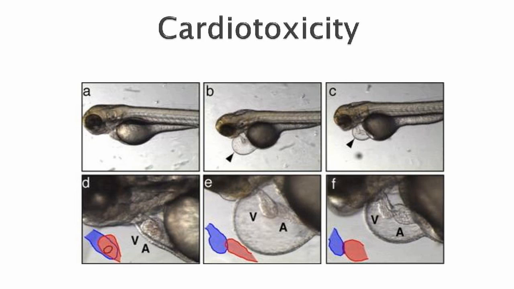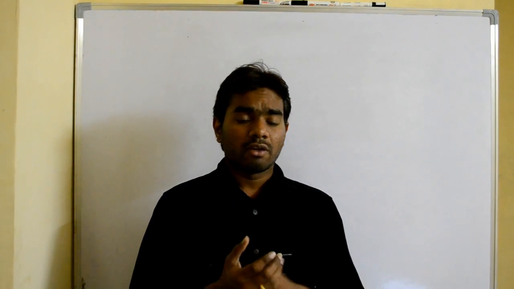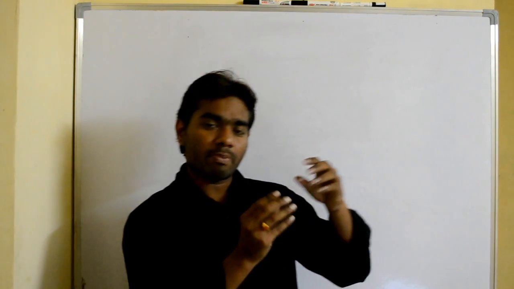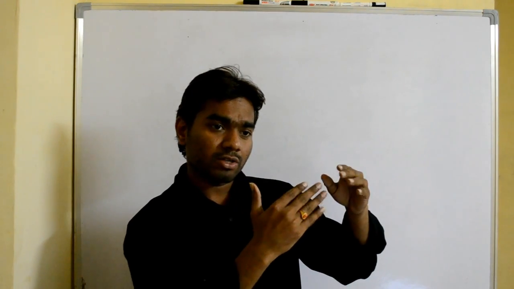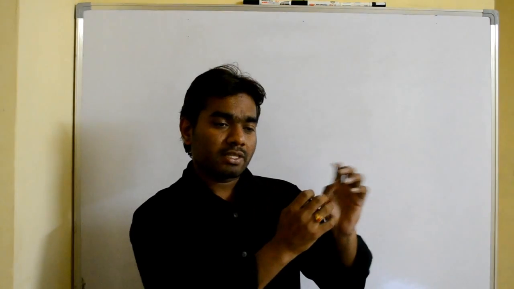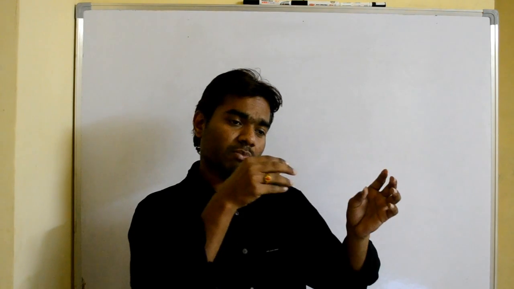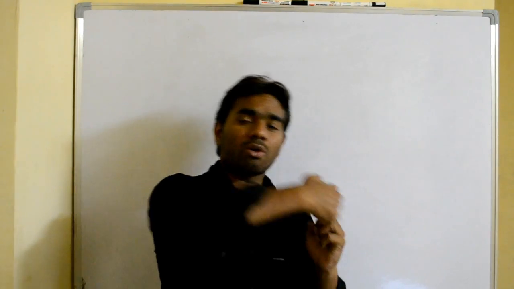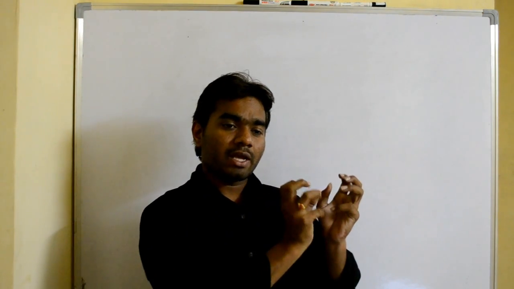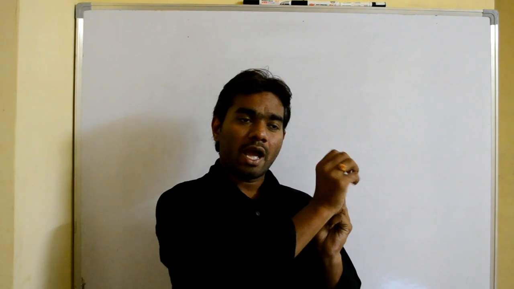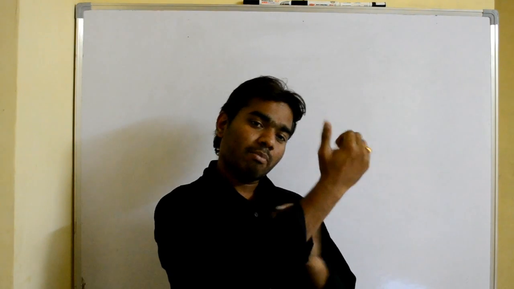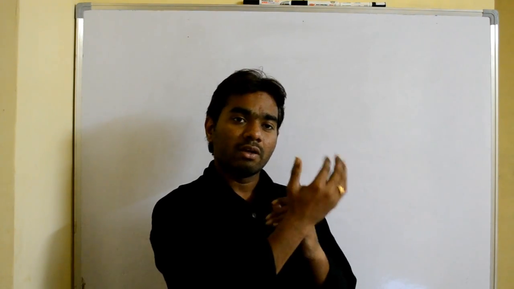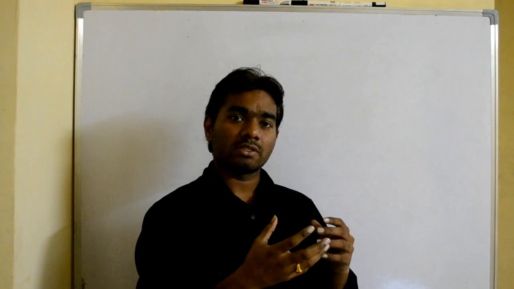We can also find out valvular defects. Sometimes when the blood passes from the ventricle to the auricle, and from the auricle to the ventricle and on to all the organs, it may not supply the blood properly, and the blood may come back because of a valvular defect, like regurgitation.